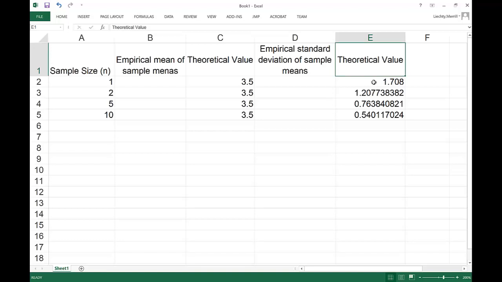The theoretical value for the standard deviation, on the other hand, comes from the formula in the textbook. I think it's in chapter 5, it might be equation 5.2 or 5.3.